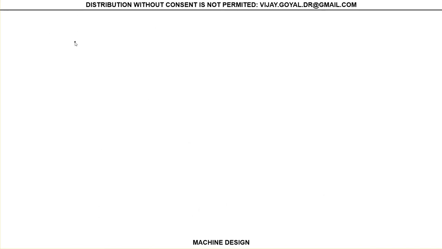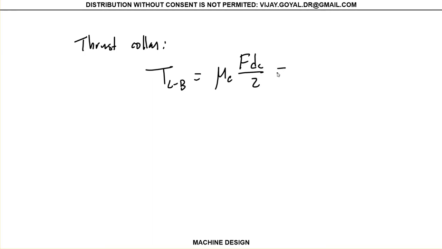And the next thing is your thrust collar contribution when lowering. We call this B, will be mu C F dc divided by 2. Replace all the values, and it gives you 87.5 inch pounds.